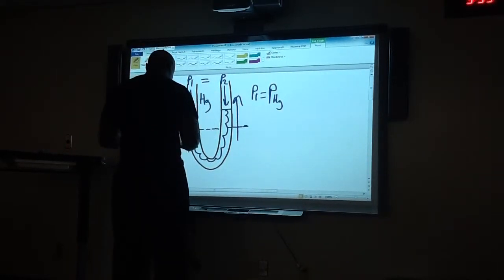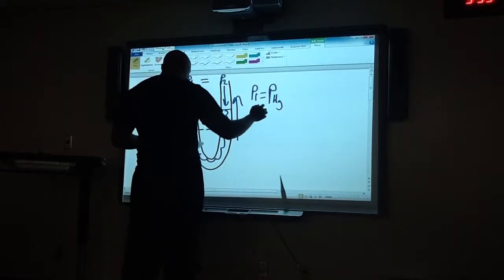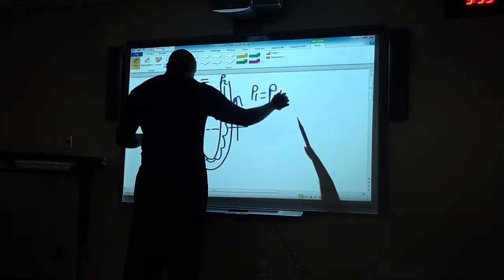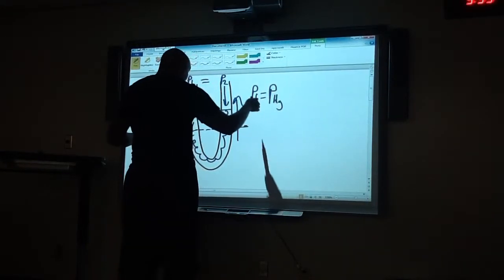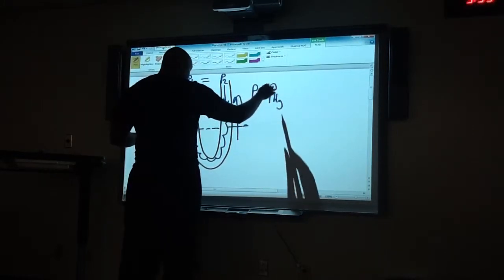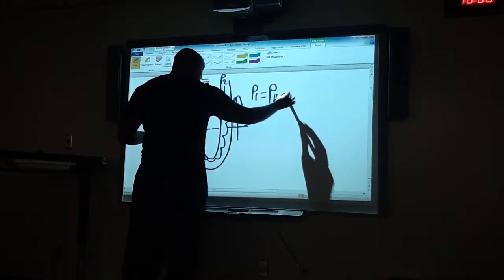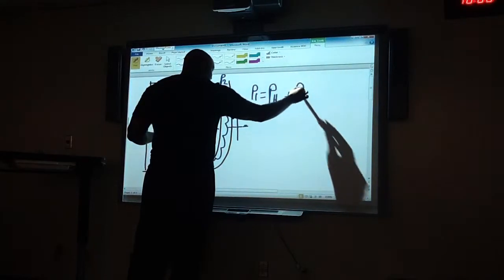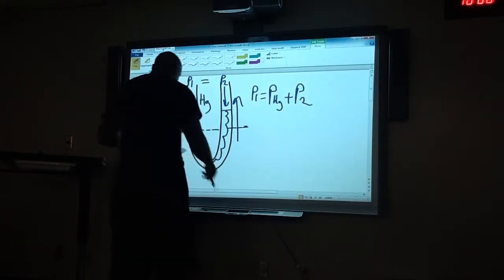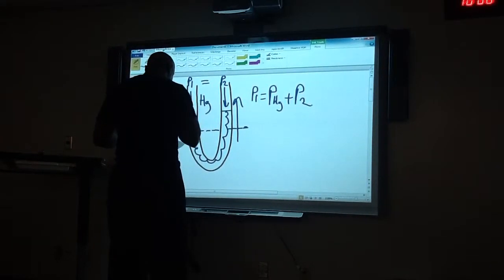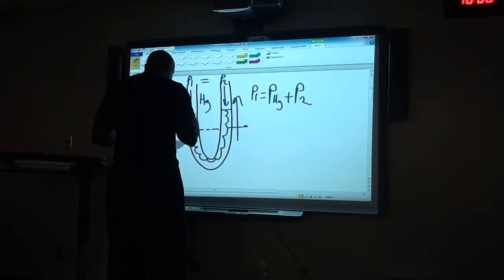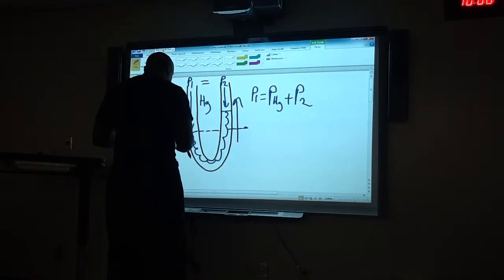So to find out what the pressure is, we can say P1 is equal to the pressure in the mercury plus the pressure on top of the mercury. So the pressure of P1 is equal to the pressure going through the mercury and the pressure on the mercury.